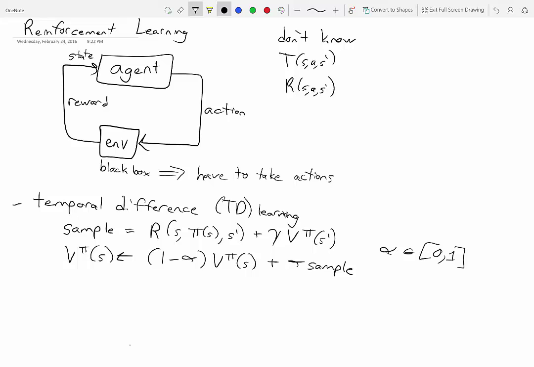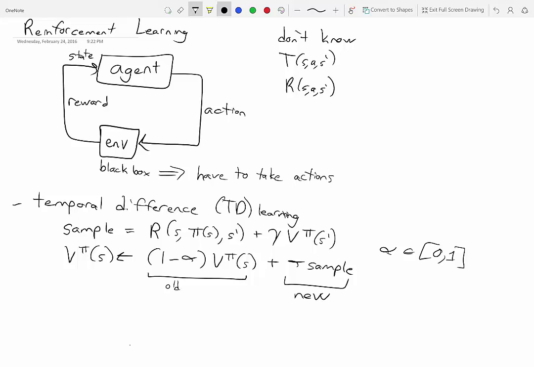So what this says is our new value is some fraction of the old value plus some fraction of the new value. So basically this is kind of an averaging effect. We take actions in the world, we get samples, and we update our value V pi. You can see this is very similar to MDPs, in which we are updating our values iteratively.